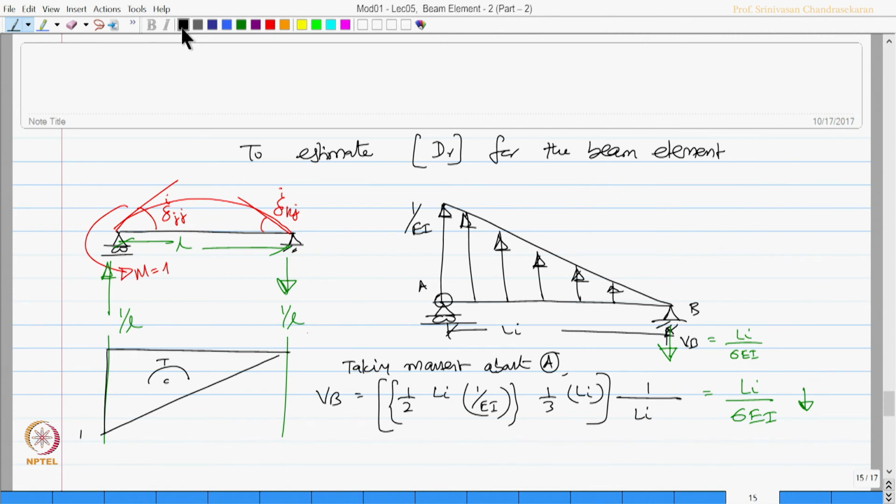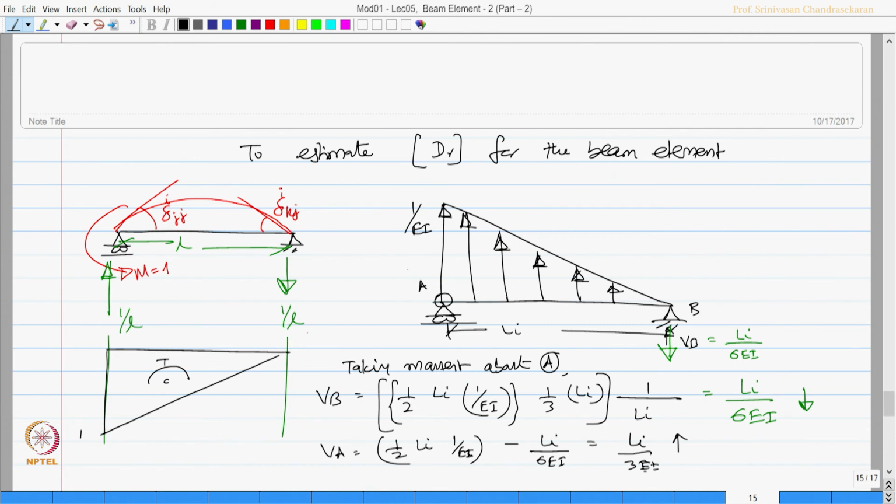Therefore, VA will be actually half Li 1 by EI minus Li by 6EI, which will give me Li by 3EI, which is upward.